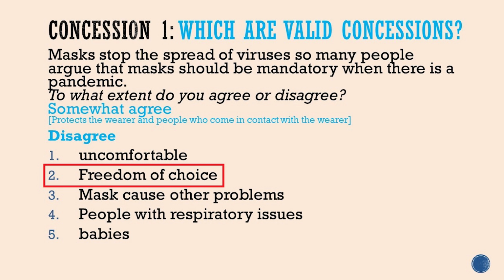The same about freedom of choice. Again, there's a contradiction. If I've written a paragraph about how I agree because they protect the wearer, they protect other people, now writing a paragraph about, something like, however, people should have a freedom of choice.